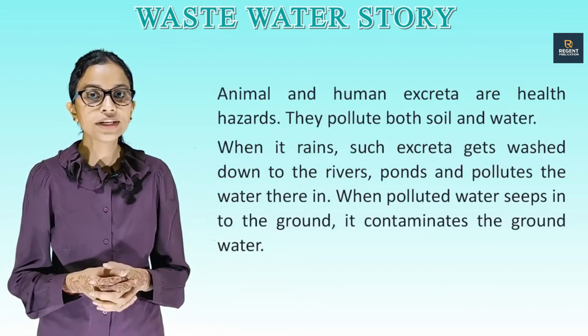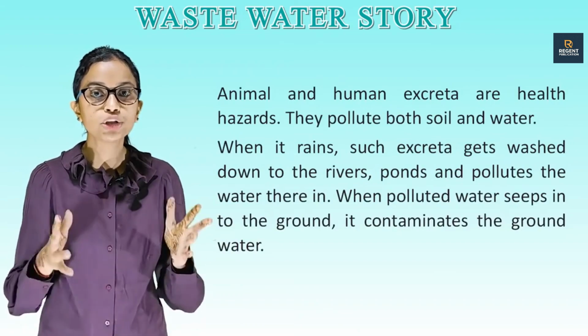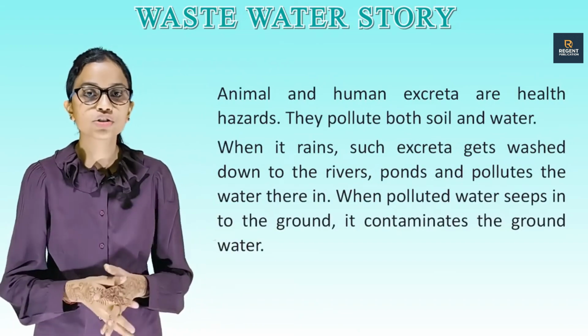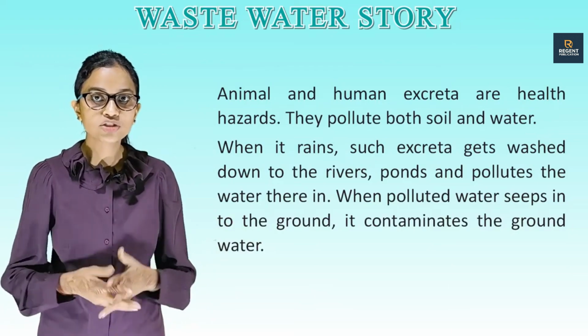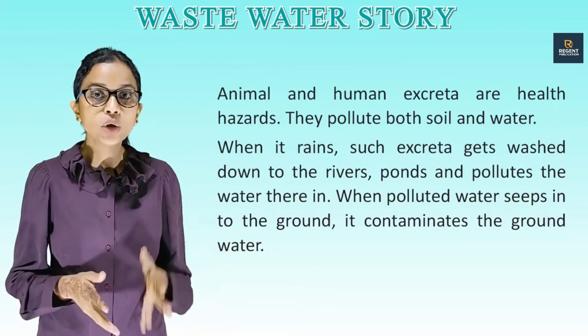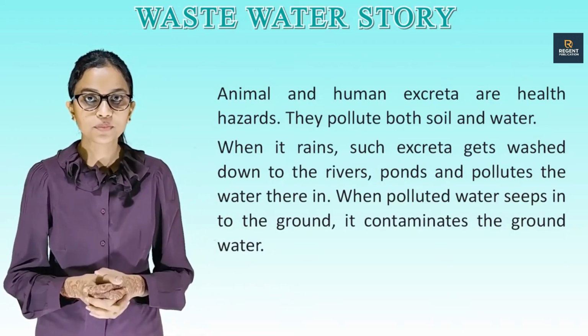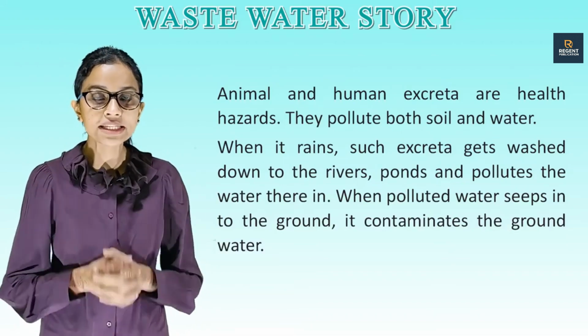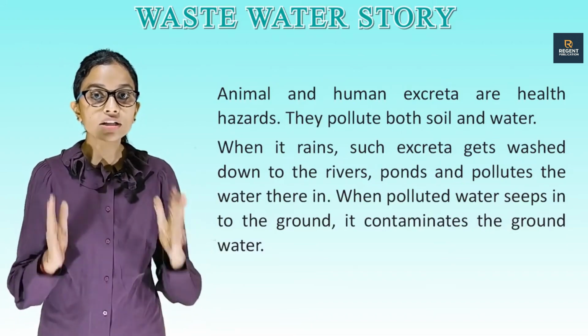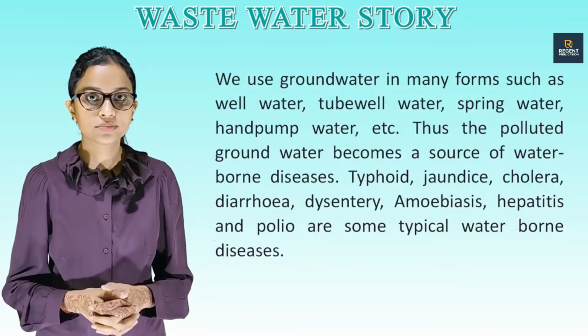Animal and human excreta are health hazards. They pollute both soil and water. When it rains, such excreta get washed down to the rivers and ponds and pollute the water therein. When polluted water seeps to the ground, it contaminates the groundwater.